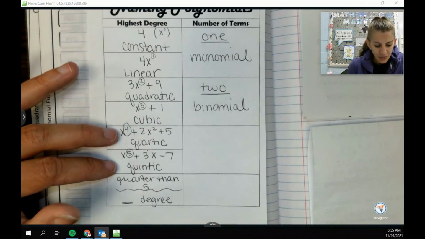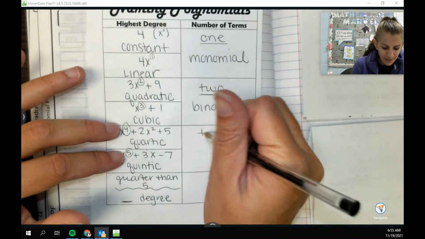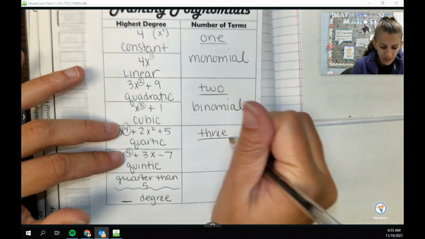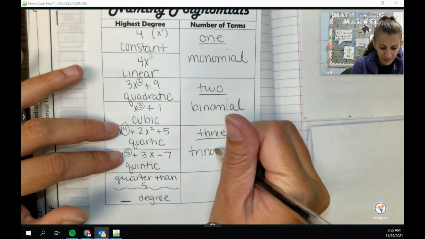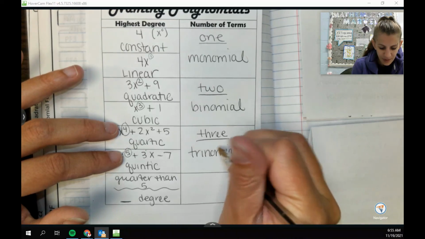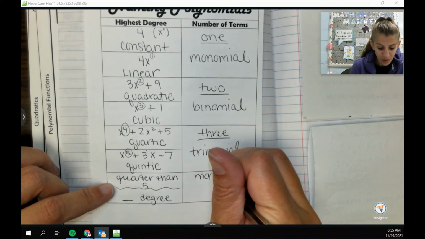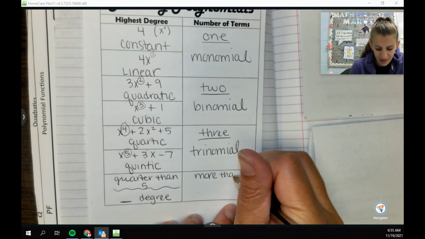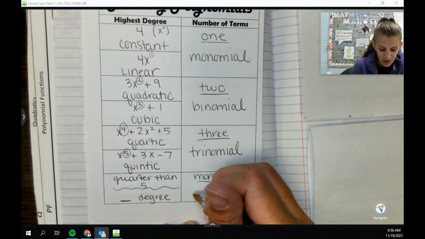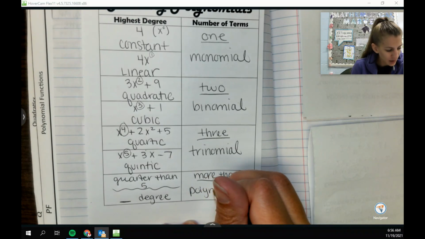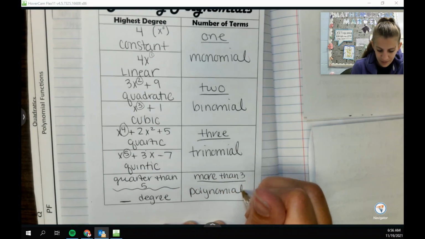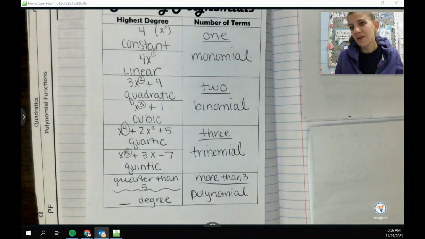And if I had 3, like I do here and here, that's called a trinomial. And then anything 4 or more, so more than 3, is just going to be a plain old polynomial. So just so we have all those names compiled in one place, and there we go.